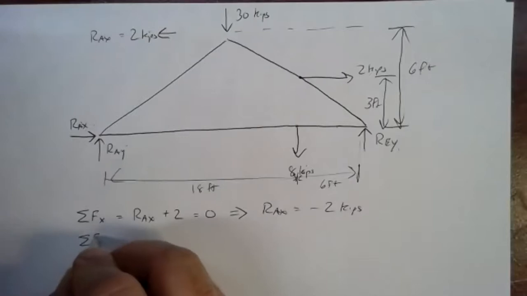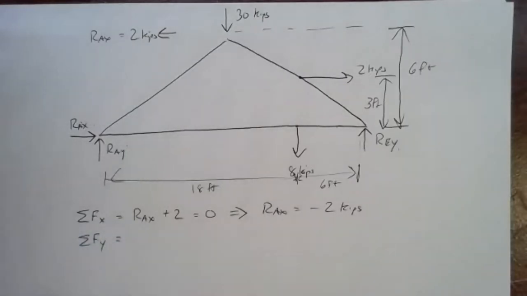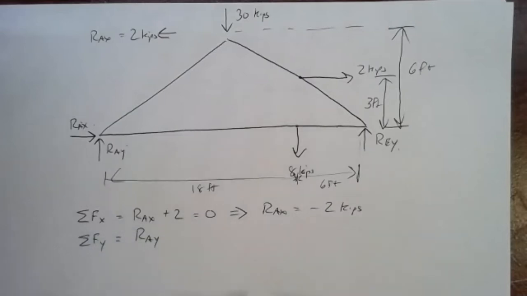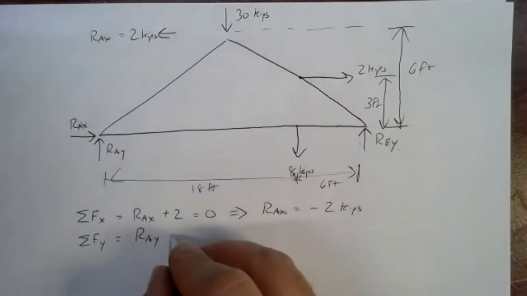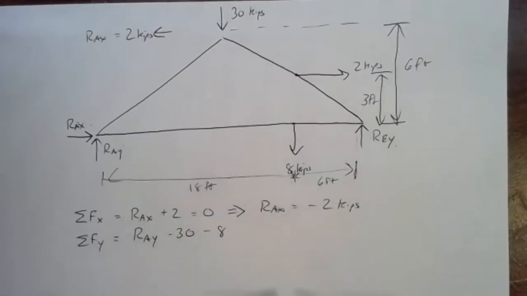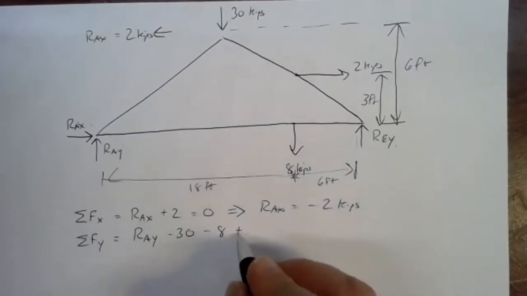If we do our sum of forces in the y direction, we've got positive RAY. We've got a negative 30 kips. We've got a negative 8 kips. And we've got a positive REY.